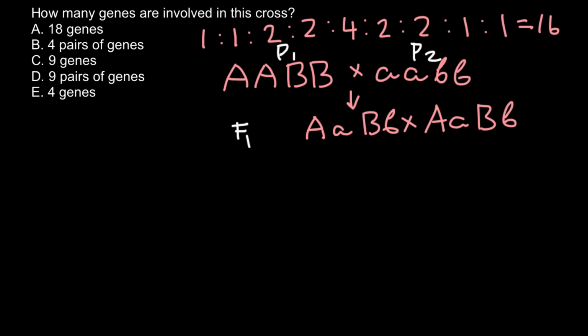cross. So each parent here in F1 generation would produce following gametes. The first variant would be capital A and capital B. For example, this parent may give to the progeny these 2 alleles.